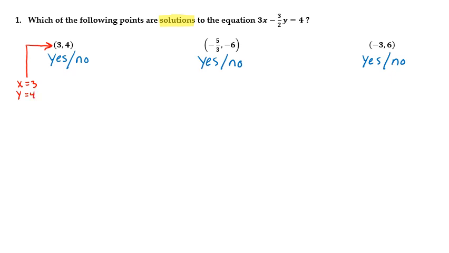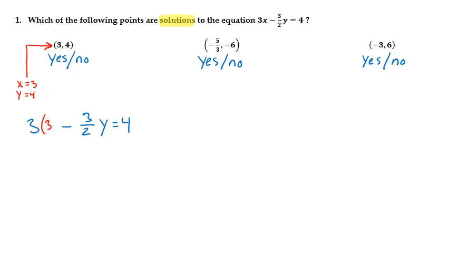Now, does that work in this particular equation? Well, here's our equation. 3 times x minus 3 over 2 times y is equal to 4. So what we're doing is we're replacing the x with the number 3.